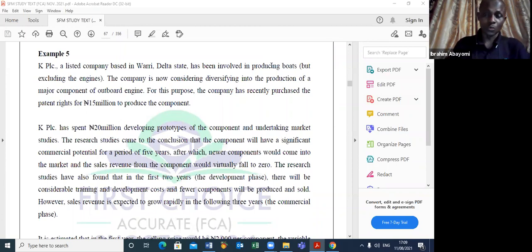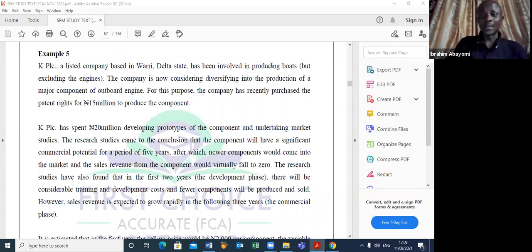So look at the requirement of the question, get your insight, because knowing the requirement will have given you an insight into the principle that applies. Then go and read the question and jot down the items you can pick in each paragraph, so that when you start solving you will not need to reread the question.